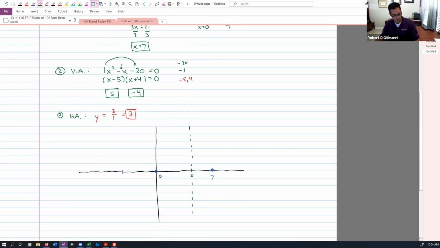And at -4, I have a vertical barrier. Then I have a horizontal asymptote of 3. So I go up 3. 1, 2, 3, here's 3, let's say. I go out to the edge and I draw a dotted line out to the edge here and draw a dotted line.